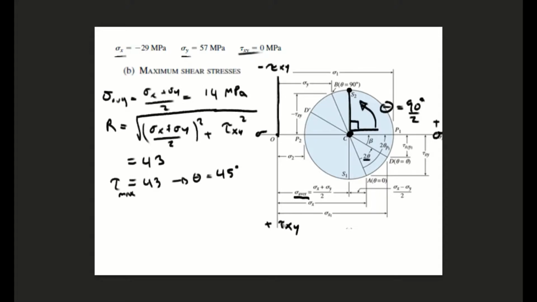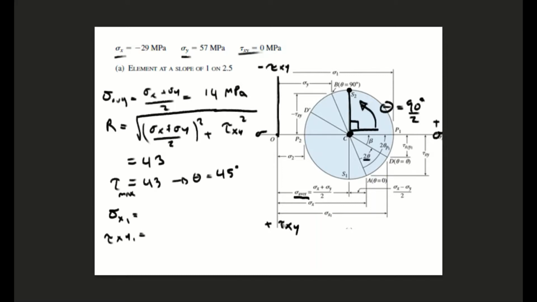So now if we go into the second part, we've solved for max shear. Now we need to double check some of these things. We need to solve a couple other values that they're asking for. So sigma x1, and they also want tau x1. Okay, so all this is we're looking at things with an angle.